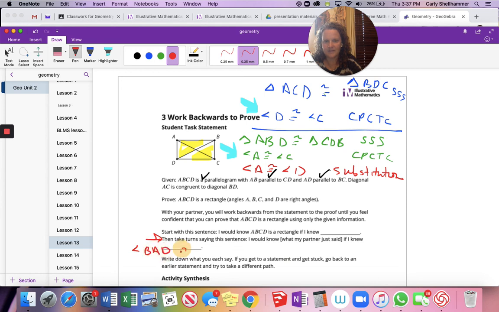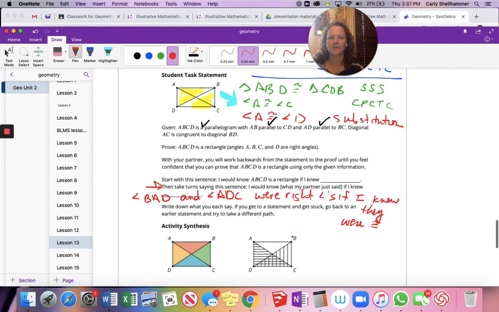BAD and ADC were right angles if I knew they were congruent. Because, and I've been calling that angle A and angle D.